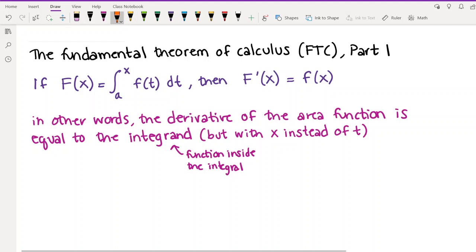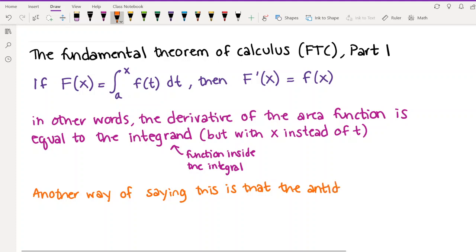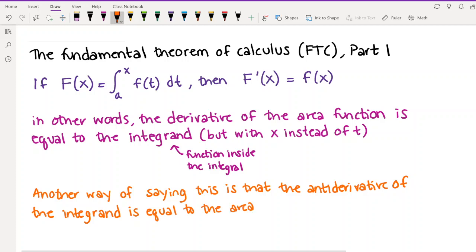So if the derivative of the area function is the function inside, another way of saying this is that the antiderivative of the integrand, of the function on the inside of the integral, is equal to the area function.